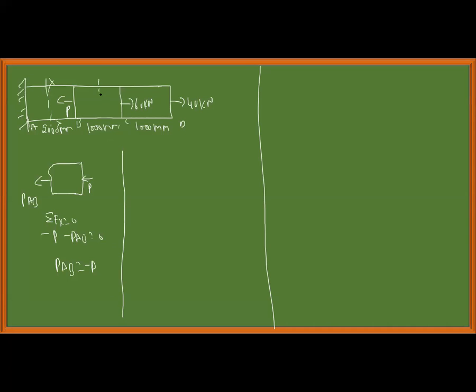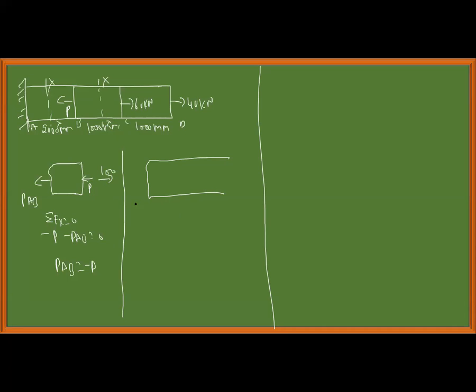Next, I will take the section here, XX. Sorry, this PAB, what I did, PAB minus P, and then plus 100. This is 60 plus 40, this is 100. Shall I take 100 directly? 100 kilonewton, 60 plus 40.